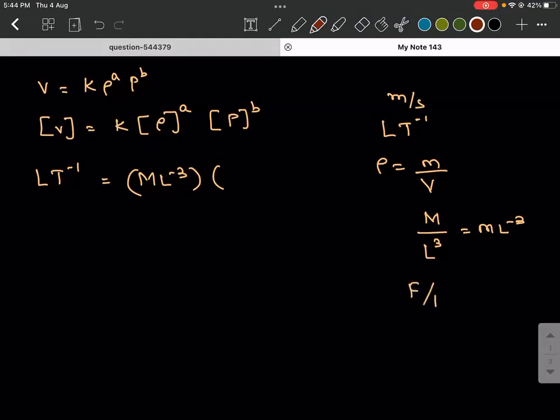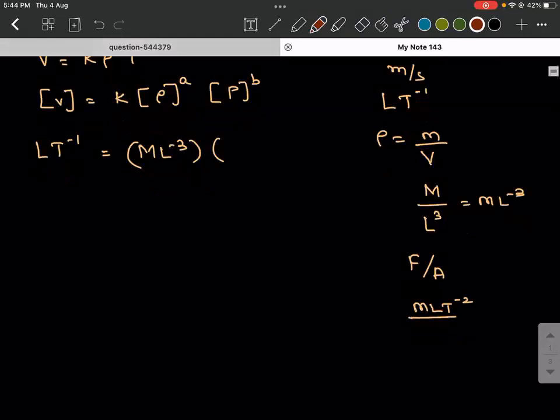Force per unit area, but what is force? MLT minus 2 divided by L square. So it will be ML minus 1 T minus 2. Density should be raised to the power A, pressure raised to the power B.